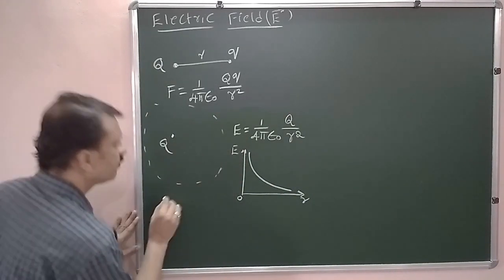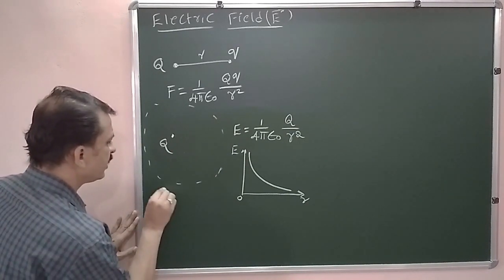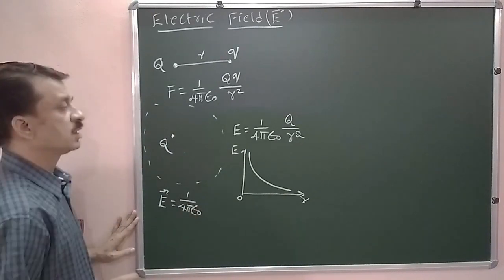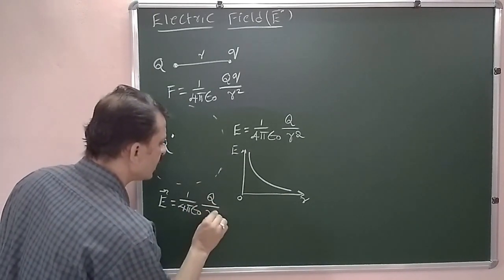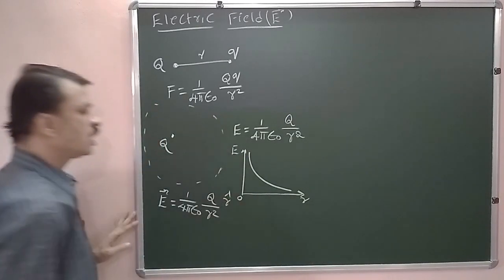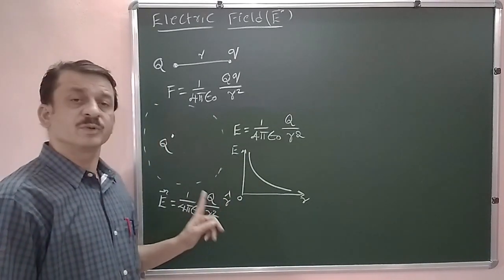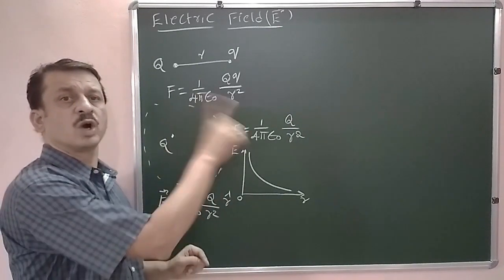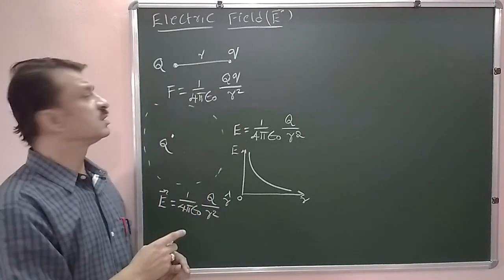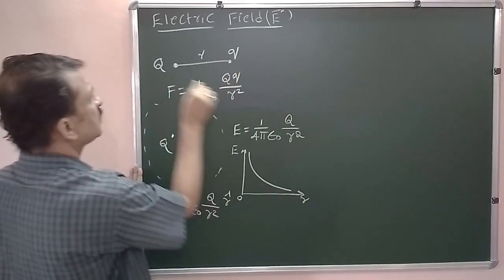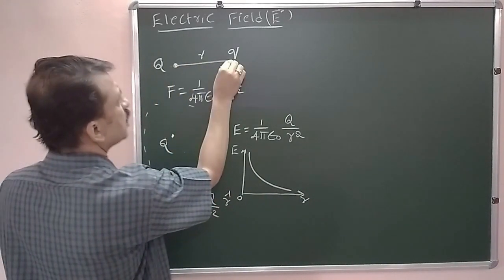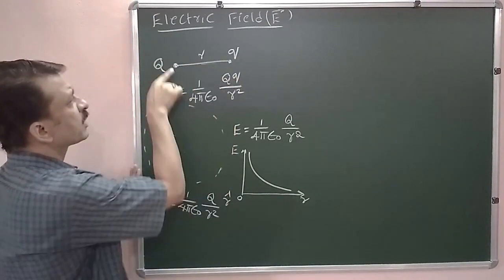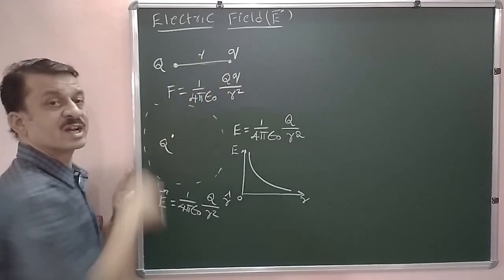So in vector form, we can write the electric field vector E is equal to 1 divided by 4 pi epsilon naught into Q by r square into r cap, where r cap is a unit vector along the line joining the point to the charge. So this is the point, this is the charge. We are joining this point to the charge along this straight line. Therefore this r cap unit vector is along this straight line.